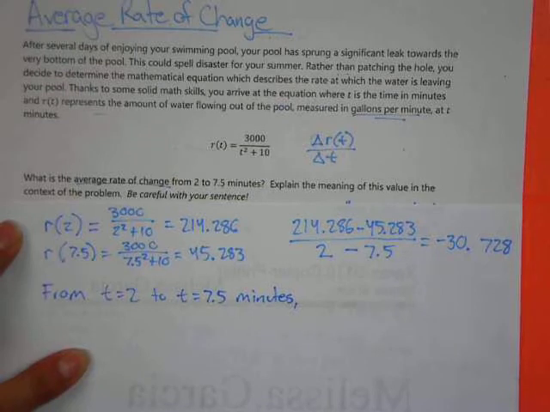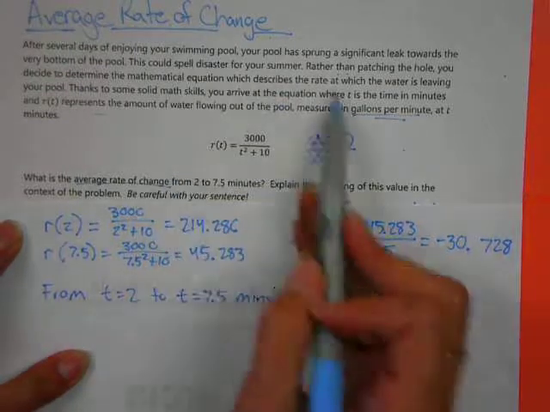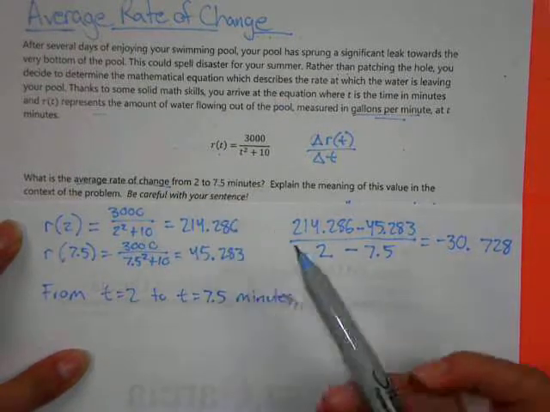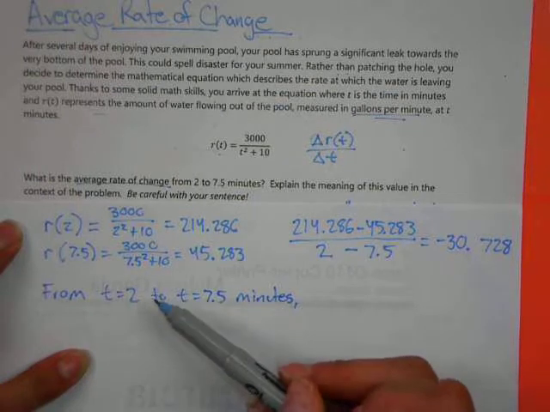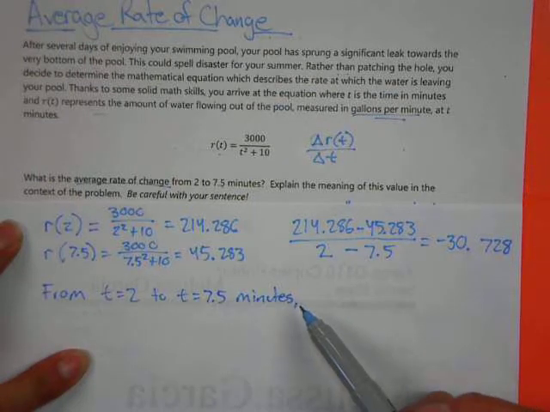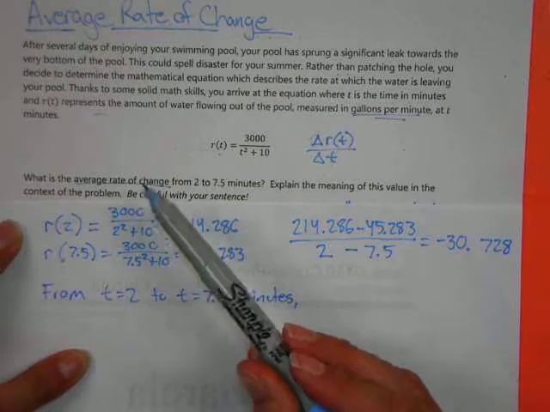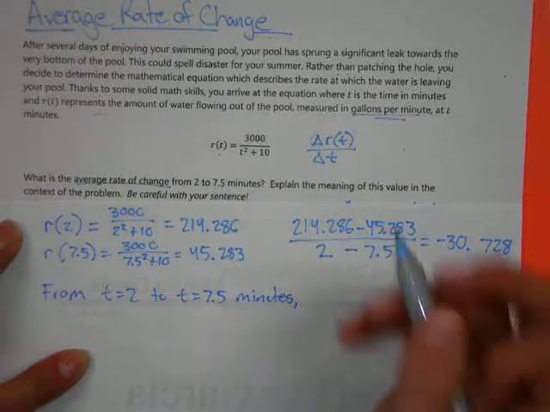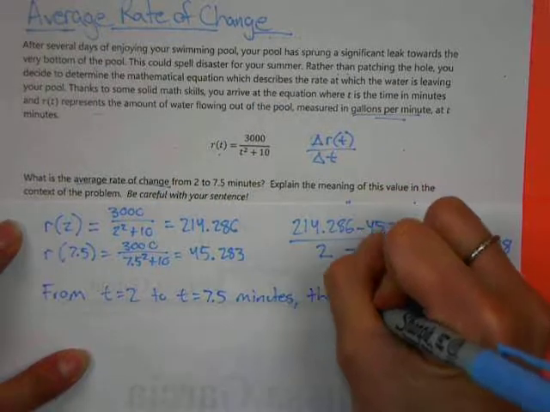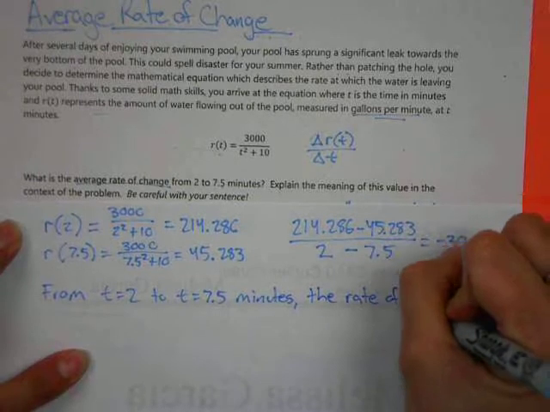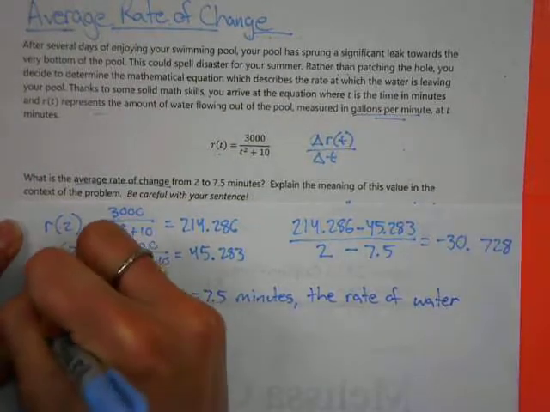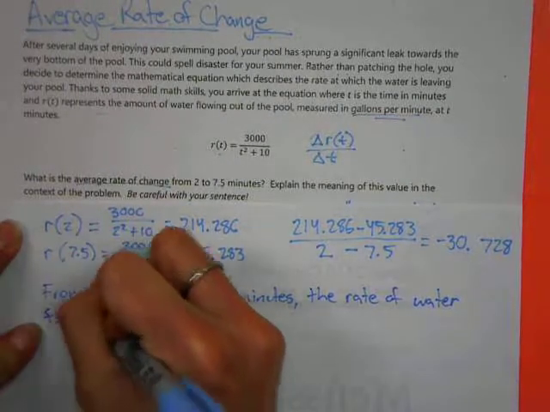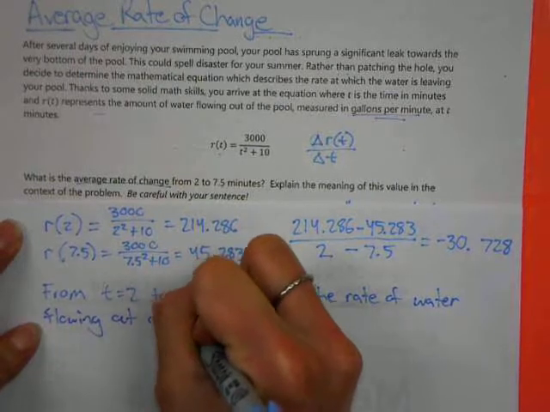Okay. What are we talking about? Now, we could say the function, but I want us to be specific in the context of the problem about what this R of T represents. So from t equals 2 to t equals 7.5 minutes, I'm going to say what we're measuring, which is the rate of water flowing out of the pool.